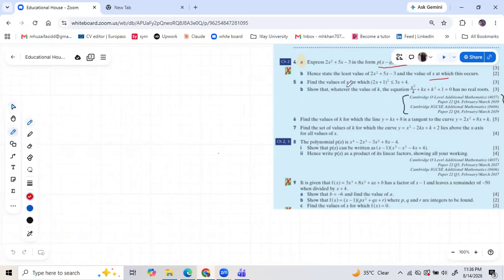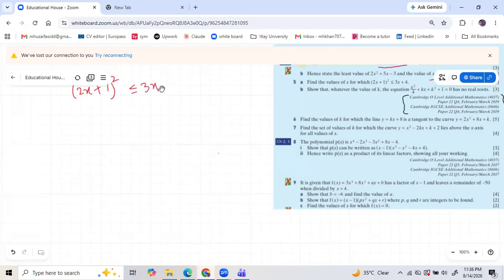So, find the values of x for which the equation 2 times (x plus 1) squared is less than or equal to 3x plus 4. 3x plus 4.